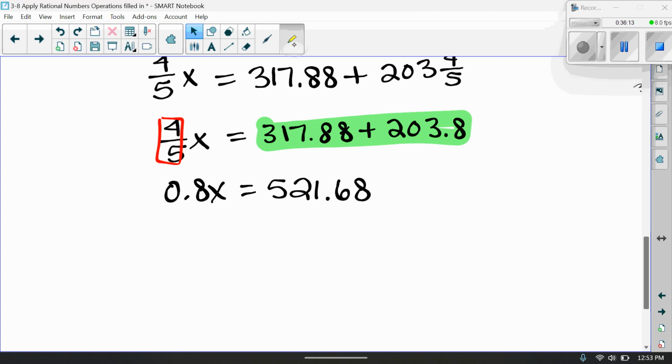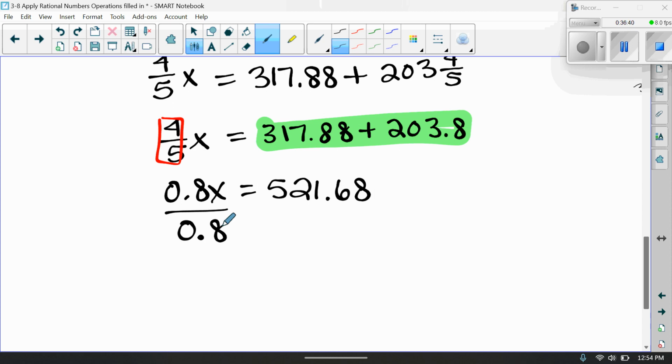So now, because this says 8/10 times x, the inverse operation is division. In order to get the x by itself, remember the cover up I taught you? Cover up the x. To get that x by itself, we want to get rid of the 0.8, the 8/10. So that's what we're going to divide by. So we're going to divide by 0.8 on both sides.